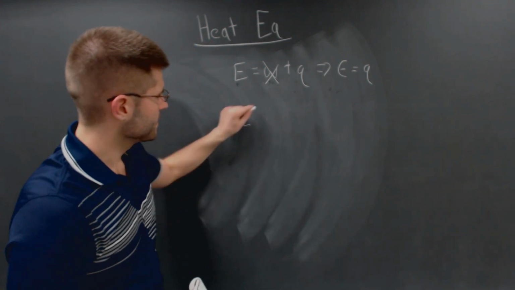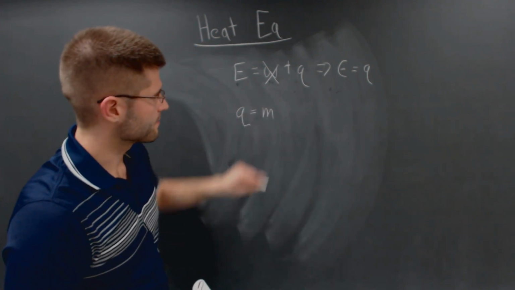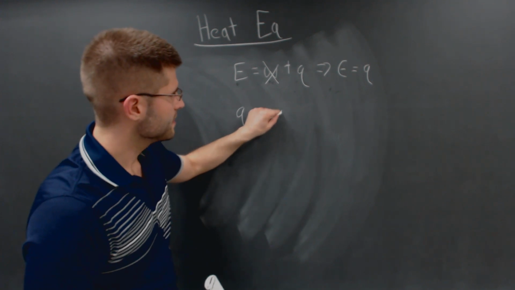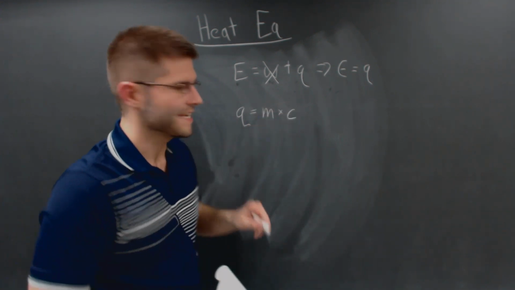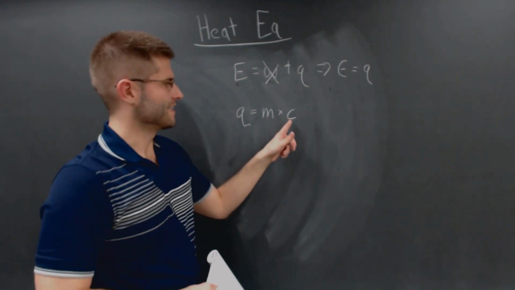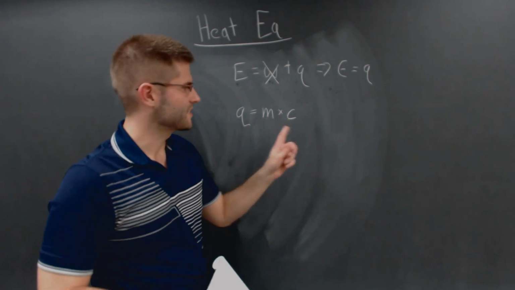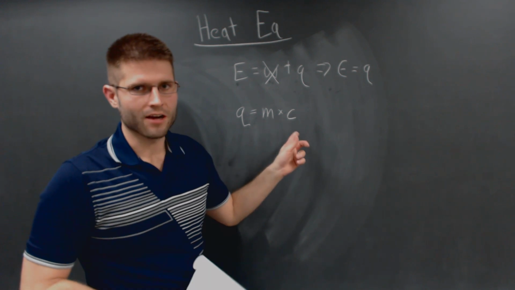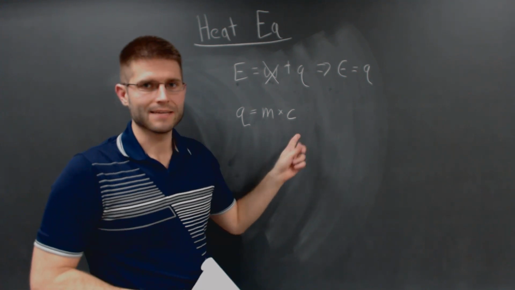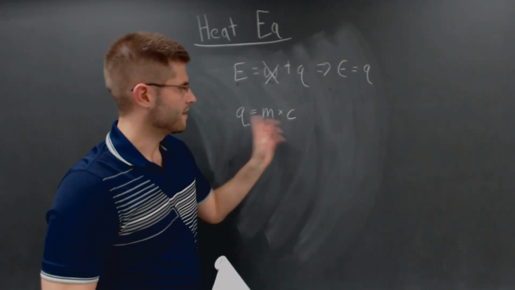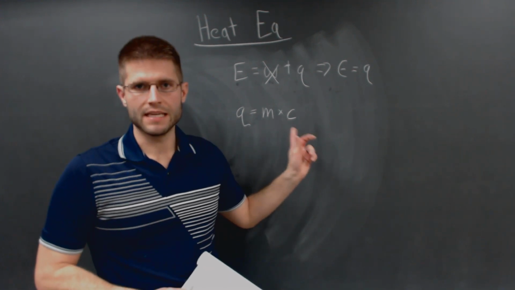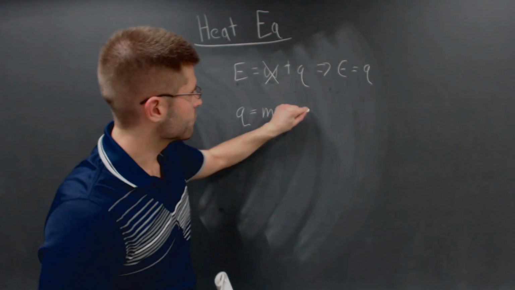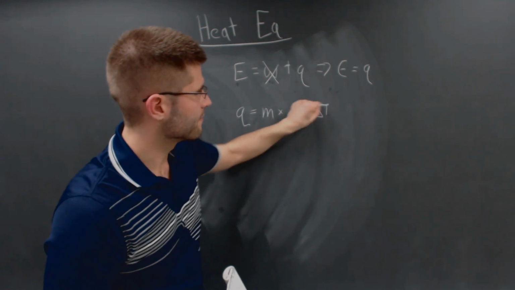So heat is equal to the mass of the substance times this new constant of specific heat. Now this is where it gets tricky. In the next chapter, this lowercase c is also going to be used for the speed of light. But for the thermodynamics section that we're in right now, lowercase c stands for specific heat capacity. And then we're going to multiply that by the change in temperature.